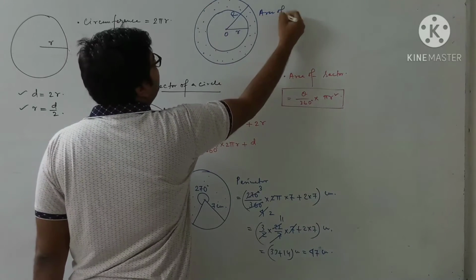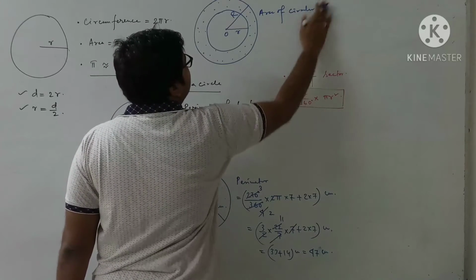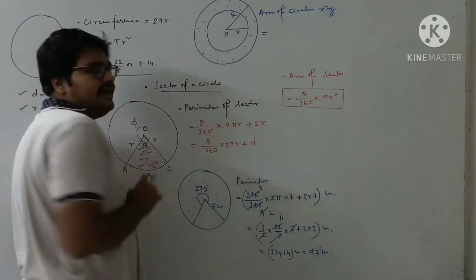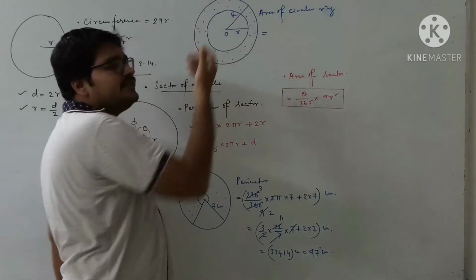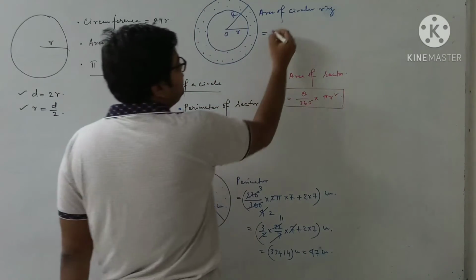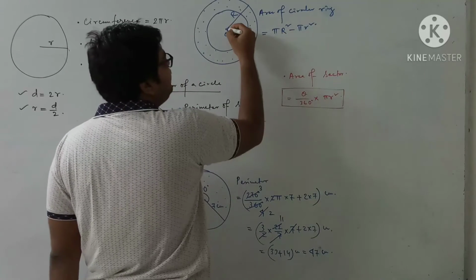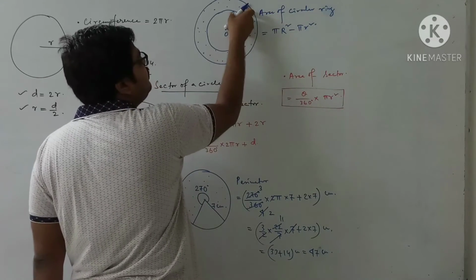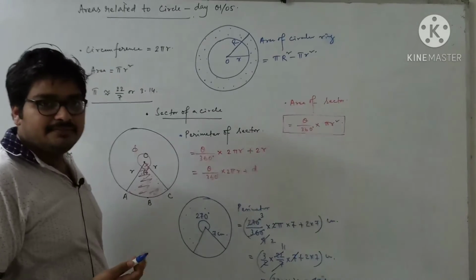Area of circular ring. From the bigger circle's area, if I subtract the smaller circle's area, then you will get the area of the circular ring. So that is pi capital R square minus pi small r square. Pi capital R square means from the center to this much radius, whenever it rotates, how much area it is covering, you get the area of this complete plate.